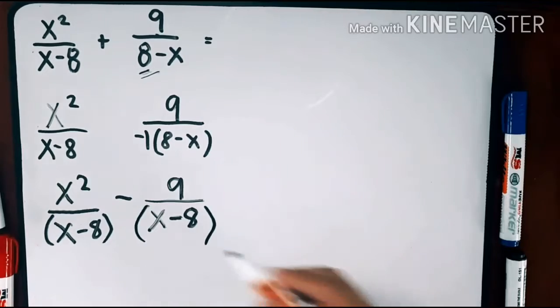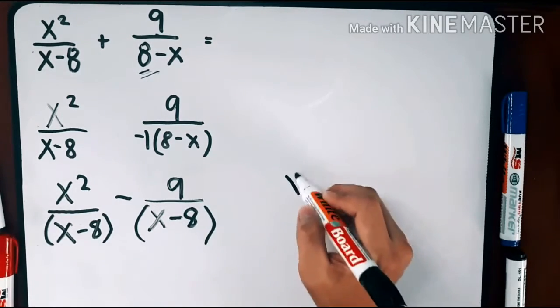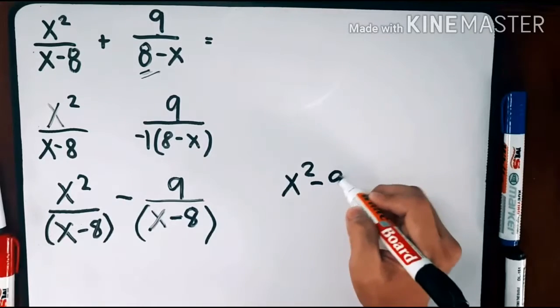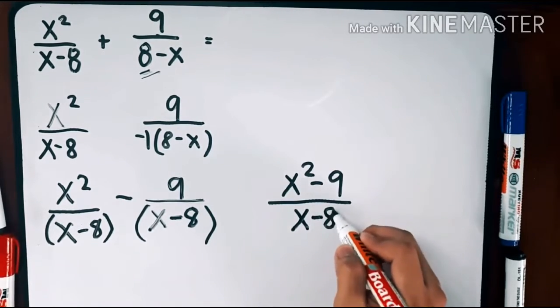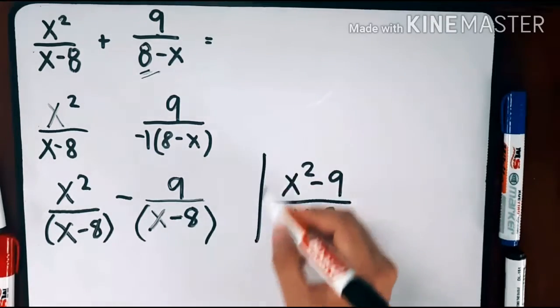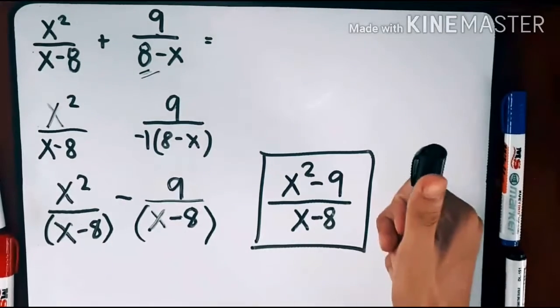Okay? So, next is i-combine na lang natin. So, x squared minus 9 over x minus 8. So, ito na yung simplest form niya. Okay?